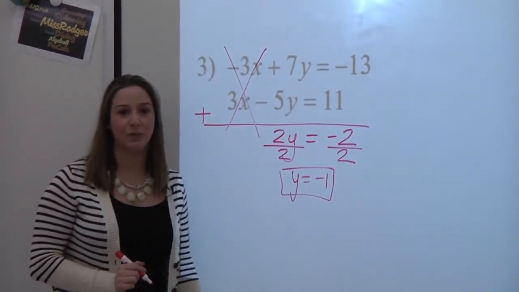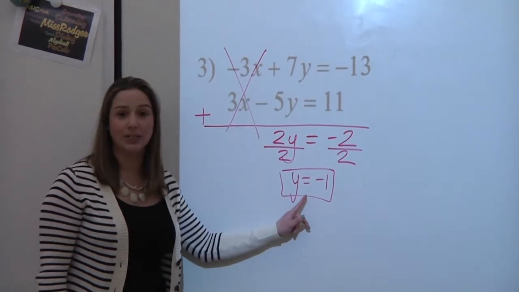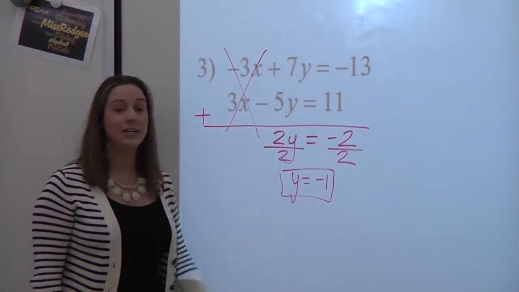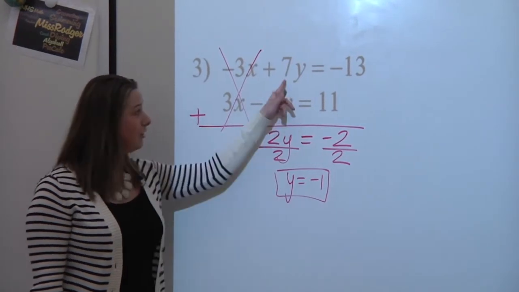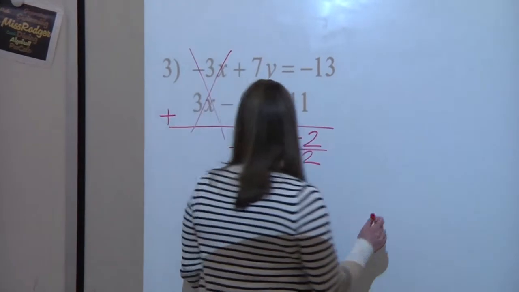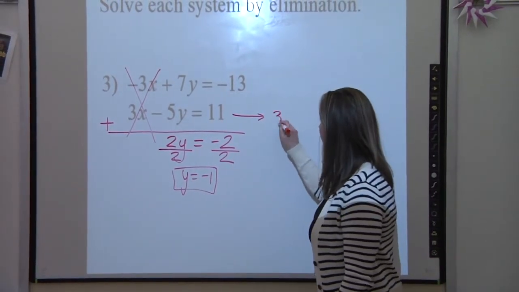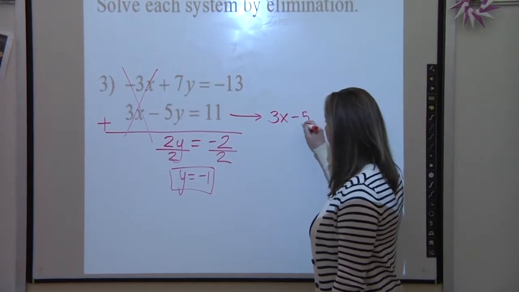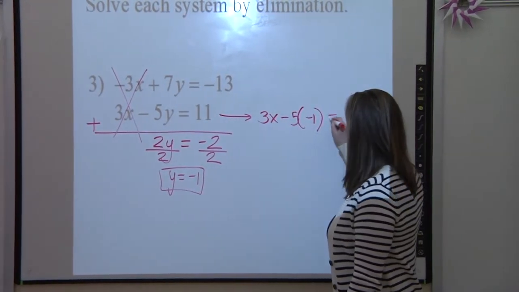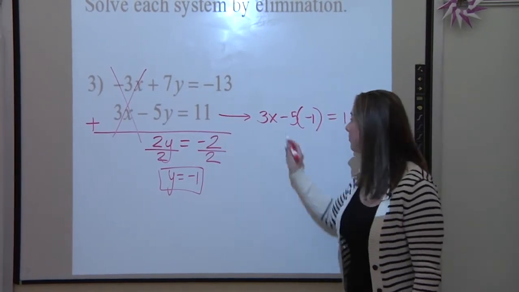Now I can solve for y. y equals negative 1. Similar to the substitution problems, we're going to take y equals negative 1 and substitute it into either the original equation, the first one or the second one, to solve for x. I'm going to substitute it into the second equation.